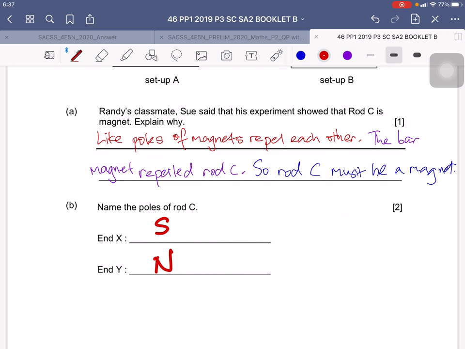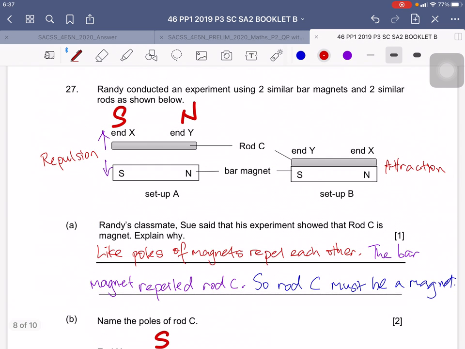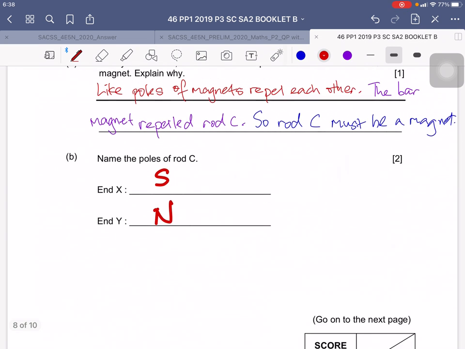NX will be south and NY will be north. Now you can always double check. Over here, this is attraction. So unlike poles will attract, so NY will be north and this one will be south. Alright, so that's correct.